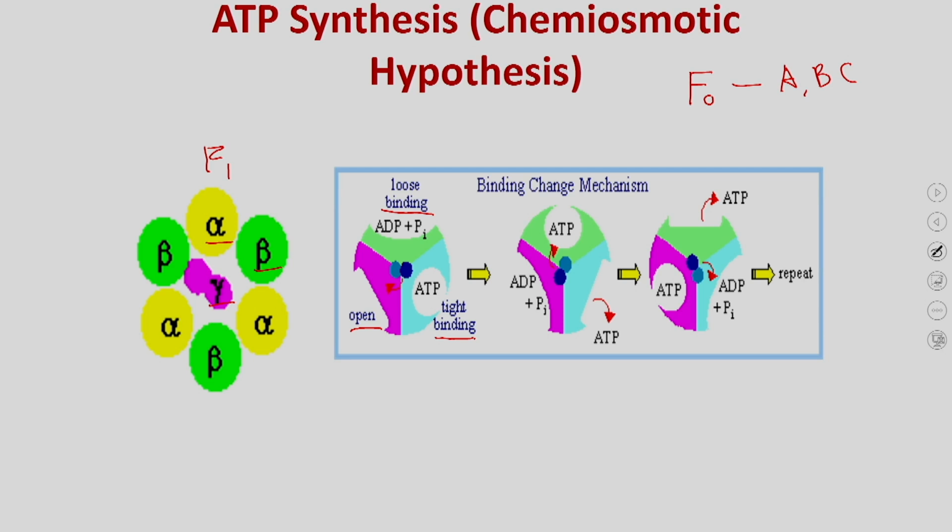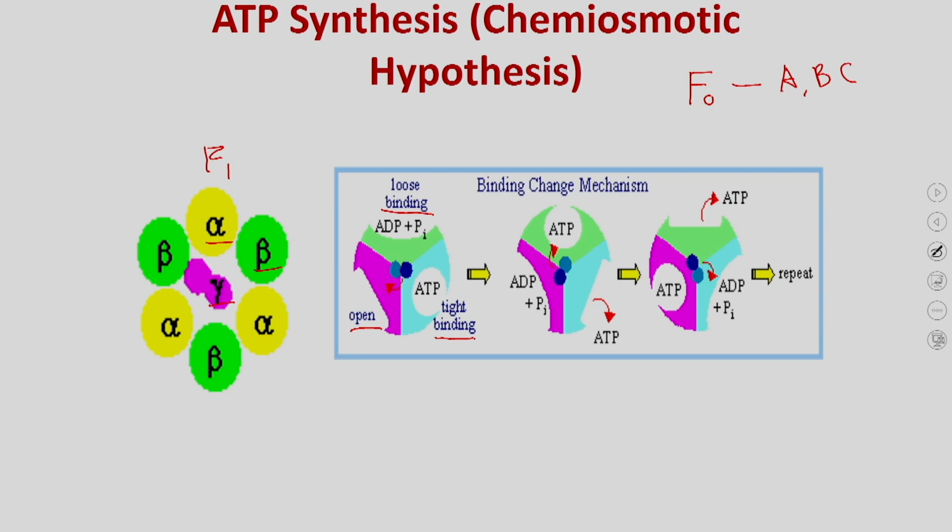Because the H plus has a potential, this potential energy can be utilized by this enzymatic machinery to generate a mechanical force, and because of that mechanical force it can induce the conformational changes within the beta subunit, and that allows the enzyme to couple the ADP and Pi to generate the ATP.